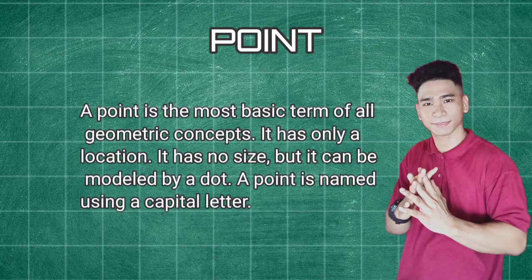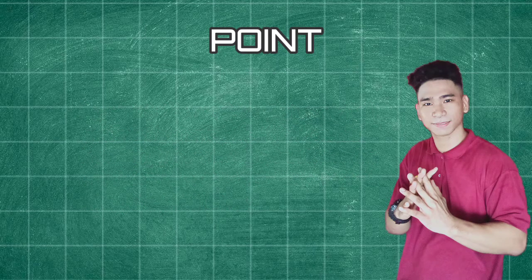So it means we need to use a capital letter when naming a point in geometry. I have an example to understand this: point A, point B, point C, and point D. These points are very essential in geometry.